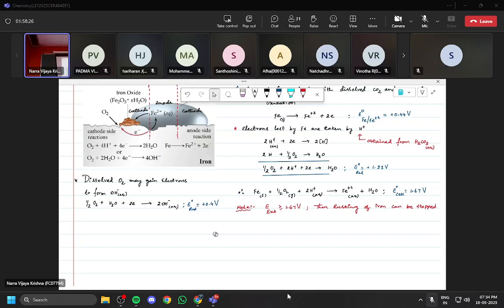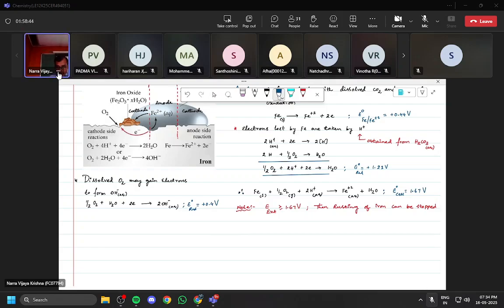Where E naught is more positive, delta G becomes more negative. So rusting of iron is more favorable in acidic medium than basic medium. Understood?